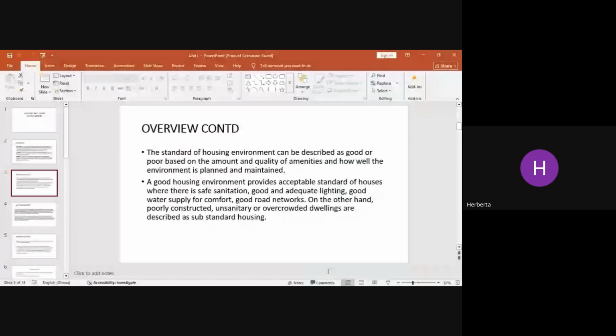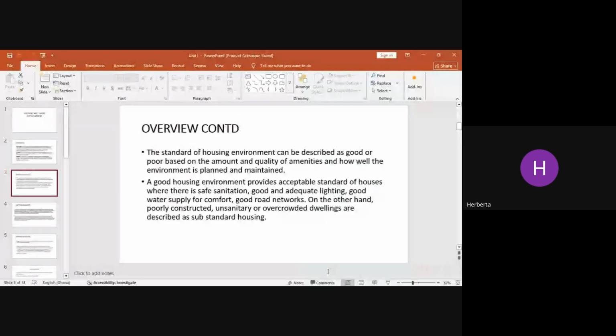You do not have good drinking water, no lighting or no good lighting facilities. The sanitary condition and drainage system are poor, the community is overcrowded. These community settings can be termed as a poor housing community.